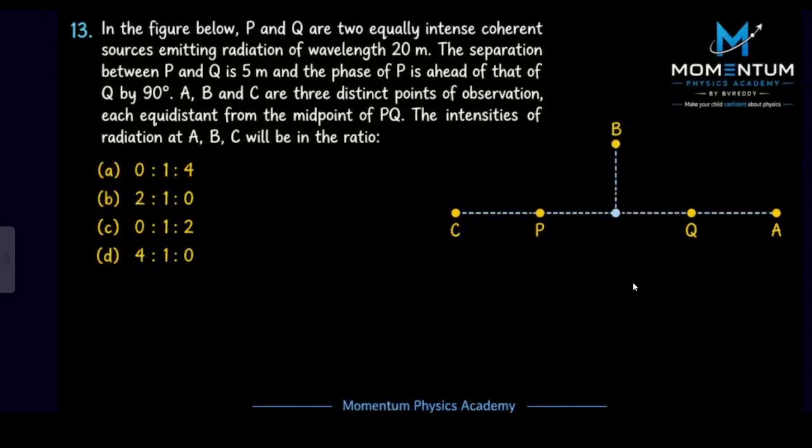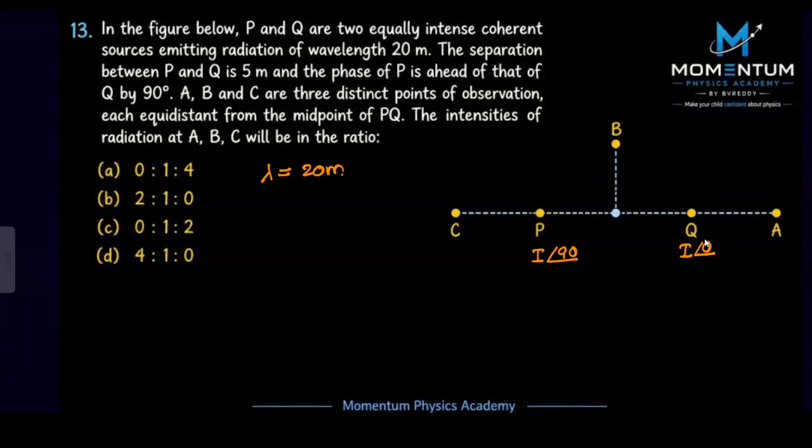Look at this now. The wavelength lambda is given as 20 meters. Next, they have given that P and Q have equal intensity, and the phase of P is 90 degrees compared to Q. Okay, this point should be clear first of all.